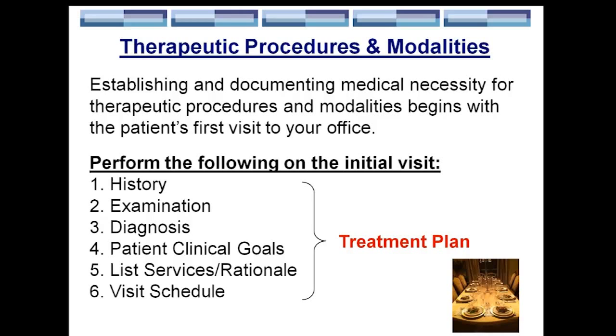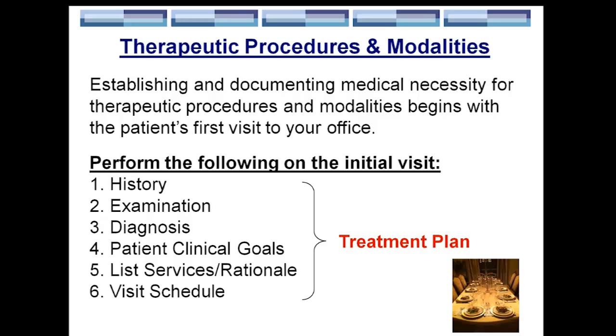So that's an example of a past history. You need 1 of those from that category: past history, family history, or social history. So that's the history portion of the visit. So please make sure you're documenting all of that.